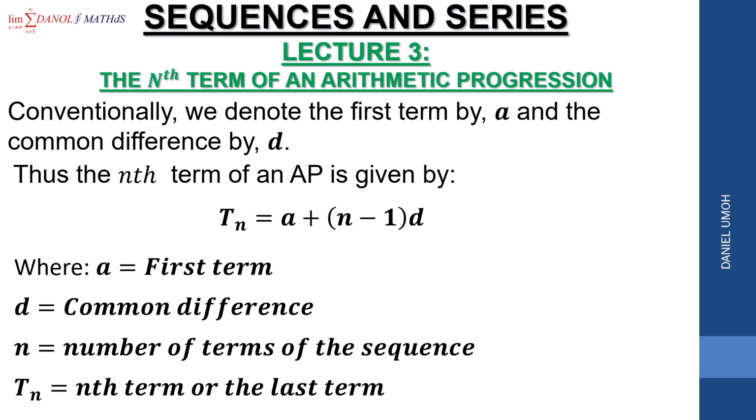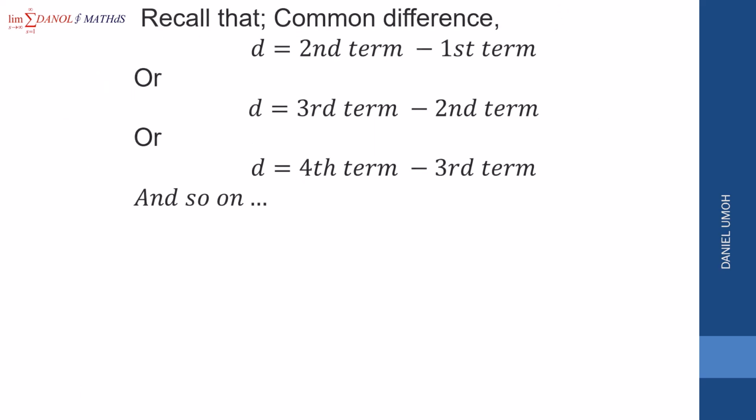Now, I want you to also recall that the common difference D is usually given by the formula second term minus first term. We established this in the last lecture, and we also say that the common difference can be given as the third term minus the second term, or the fourth term minus the third term, and so on.